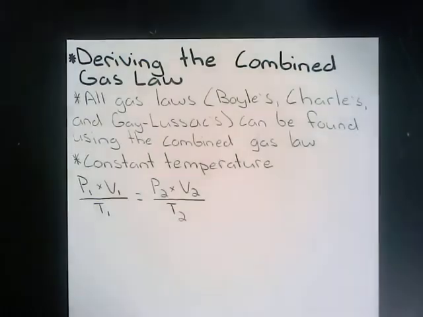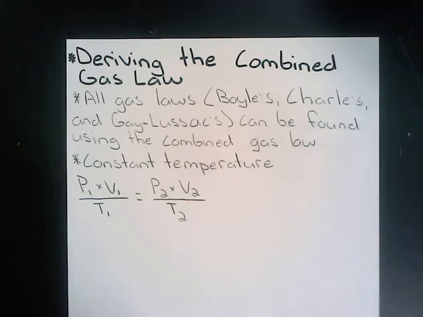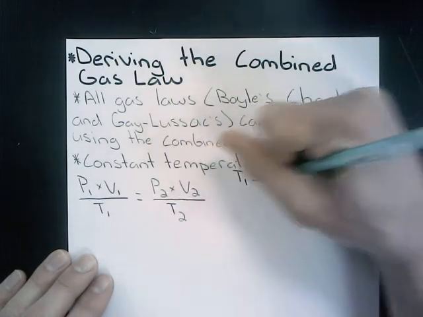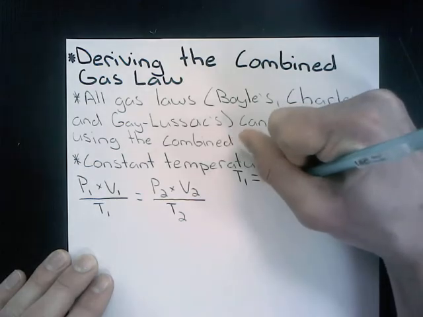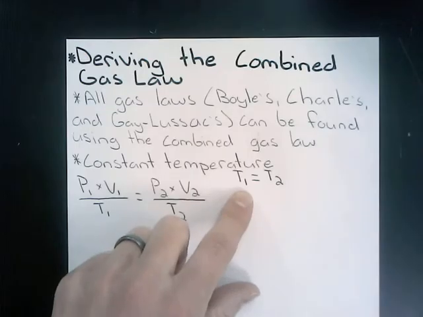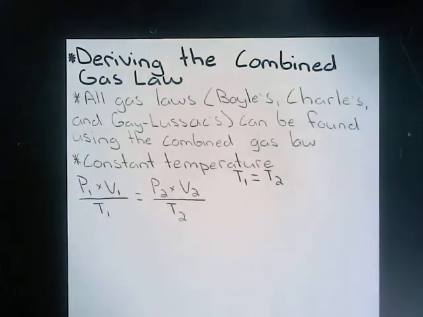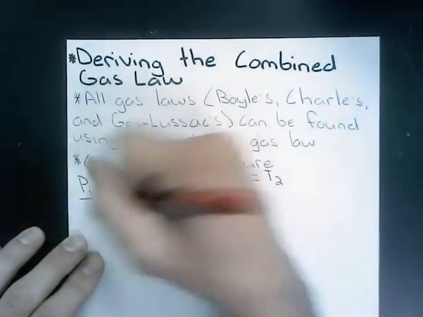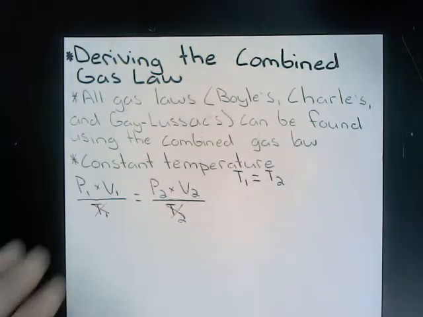If we're at constant temperature, what this means is that T1 is equal to T2. Now, if we have T1 equal to T2, we can essentially cancel out our temperatures. Canceling out here, I'm going to represent this in red. I'm just going to cross out our temperatures.